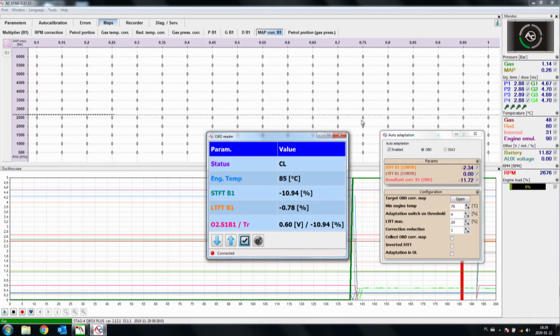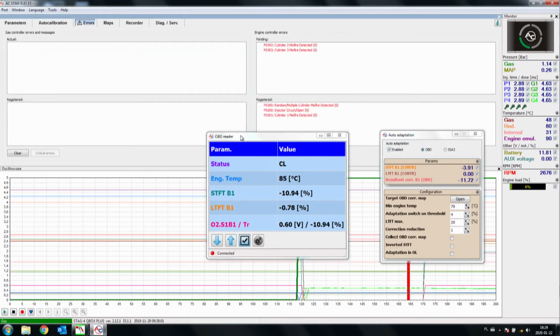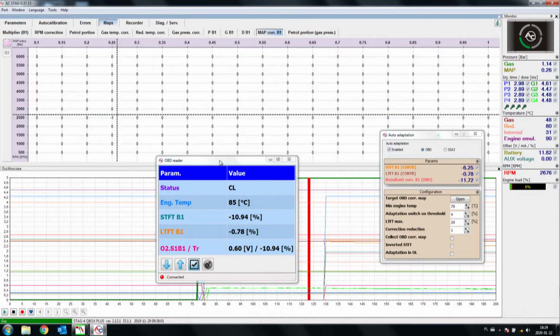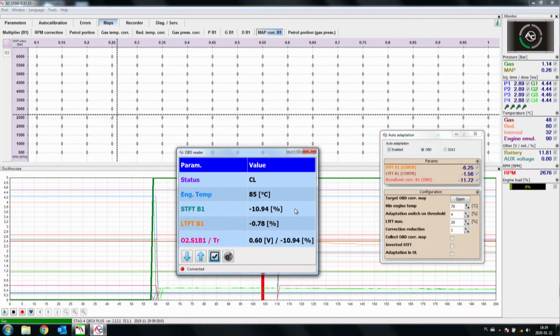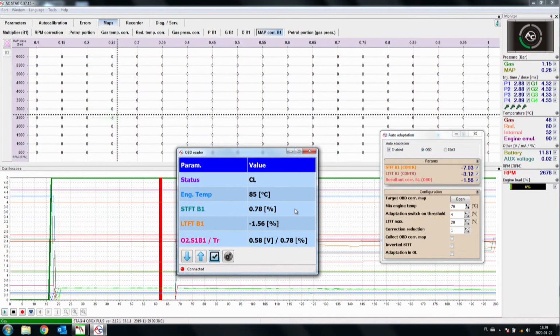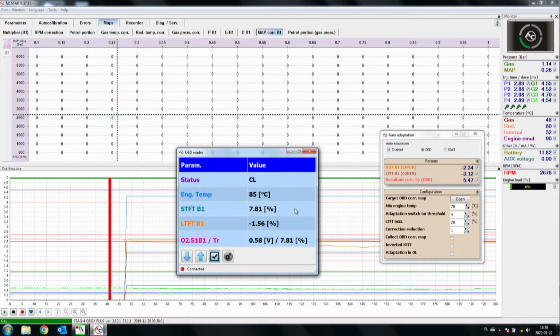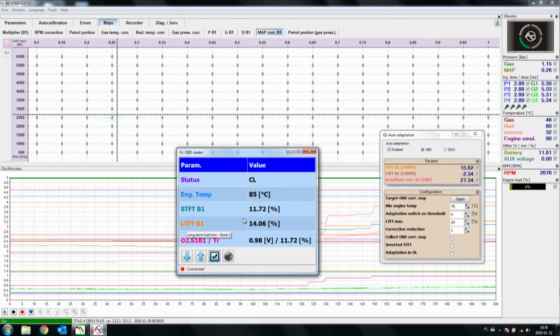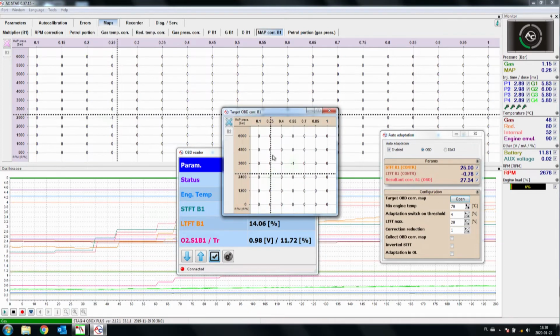And what is happening right now? Once again, the car's OBD. Okay, and look what is happening. The ECU of the car is changing the mixture. As you can see on the OBD reader window, the ECU of the car changes the short-term trim parameter and the long-term trim parameters, right? Right now we have 11 and 14.